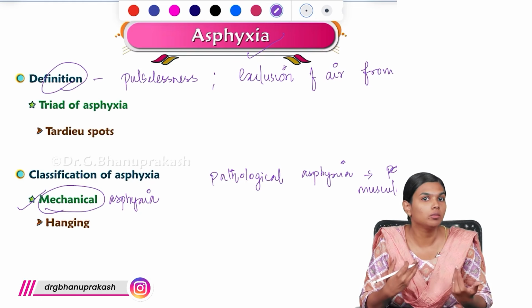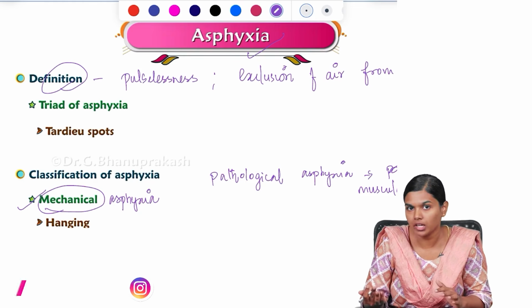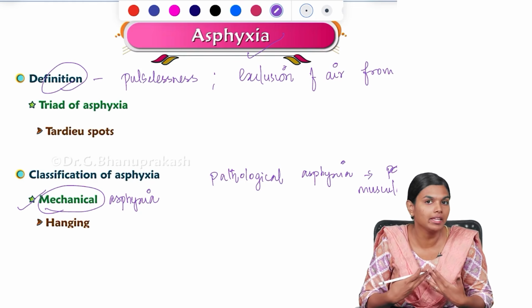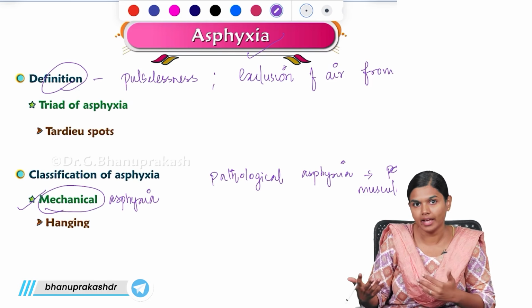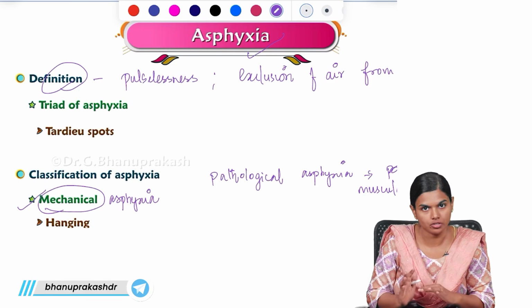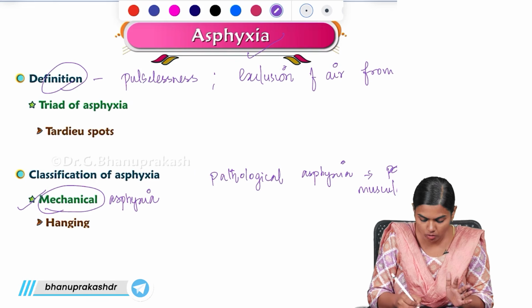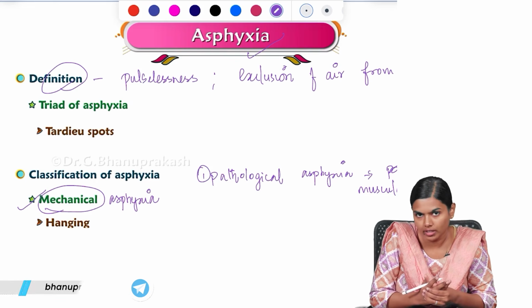There will be no muscle movement, so no respiration. Because of that, there will not be any air in the lung and you will get asphyxia, that is anoxia, hypoxia, because of that mechanical or pathological obstruction. So one type is pathological asphyxia.